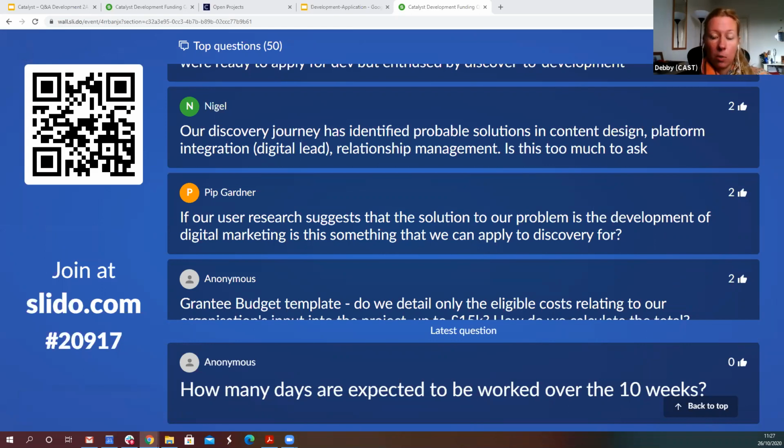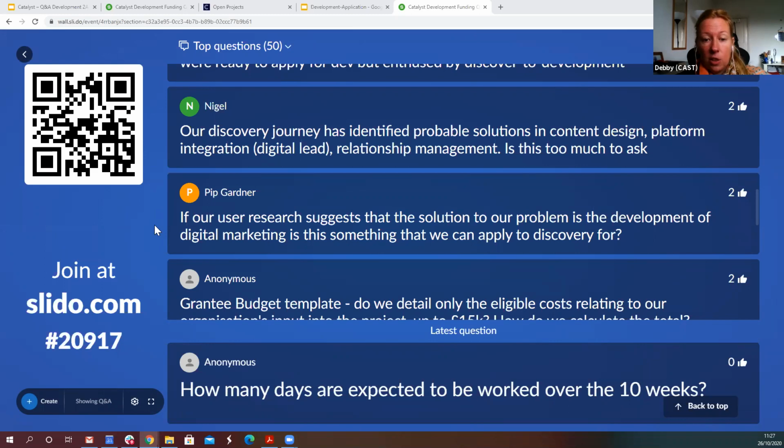Because yes, it will be too much to work on all three. They're three separate challenges that are linked. So you have to think about where this money and this support would make the biggest difference. Where's your priority? And is there a priority within these three areas, where one comes first? So you'll have to have a think about that in submitting your application.